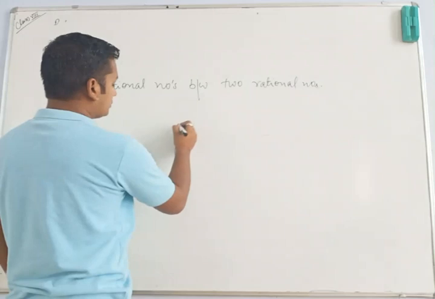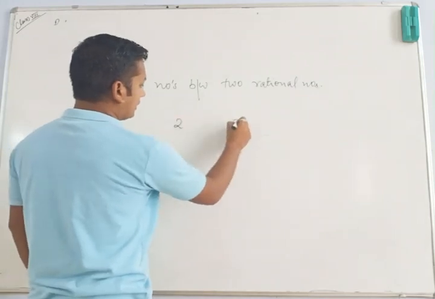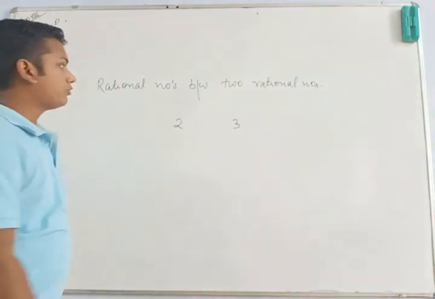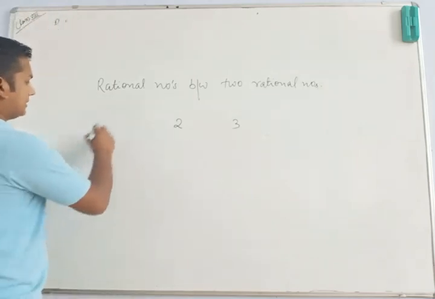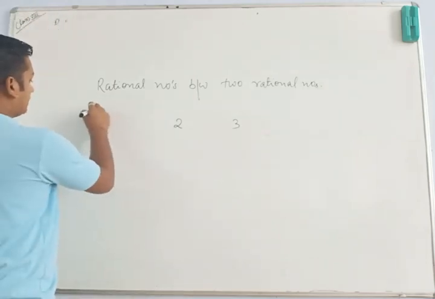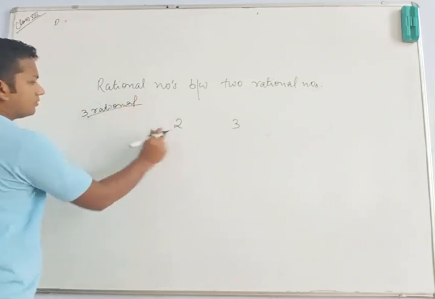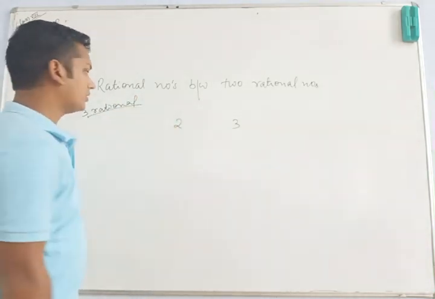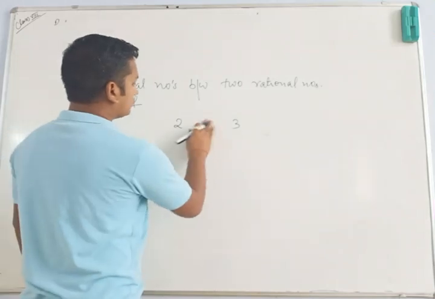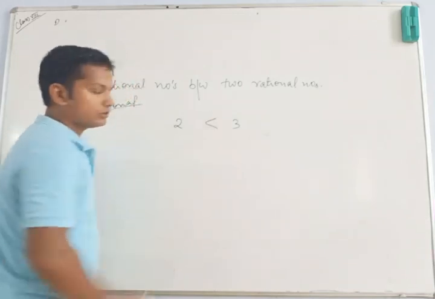Let's say I am having two numbers, 2 and 3, and I want to find 3 rational numbers between these two numbers. Here 3 is greater than 2.